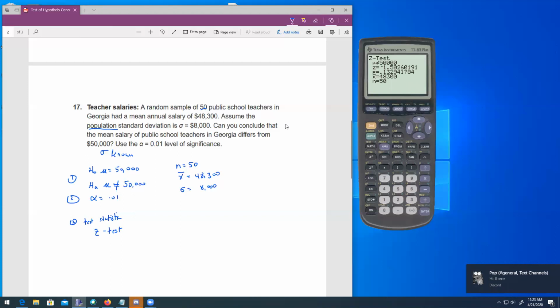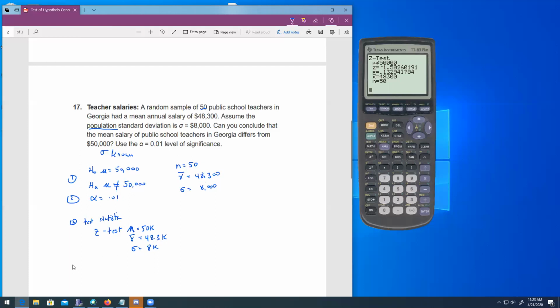Our z-test: we said that mu naught was equal to 50,000, x bar was equal to 48,300, and sigma was equal to 8k.